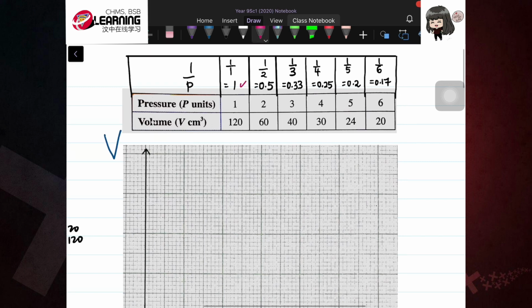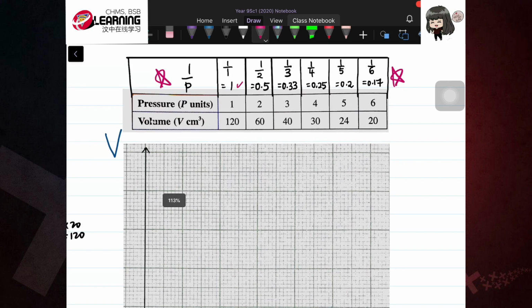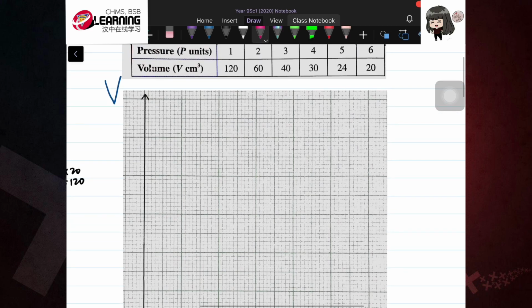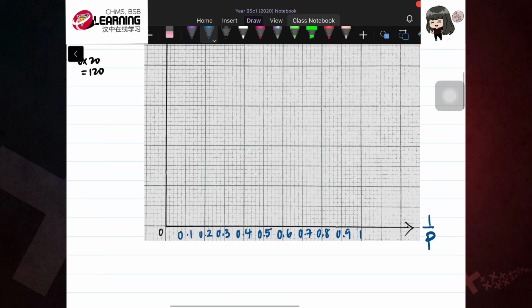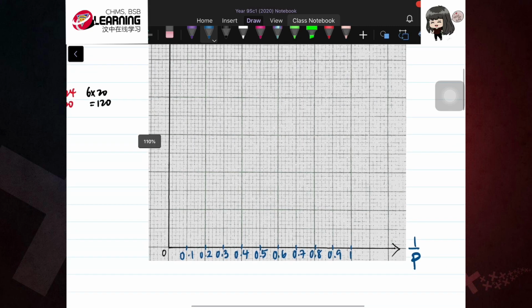Don't look at the P here; look at 1 over P, the one on top. Since the largest is 1, we can plot 0.1 for each centimeter: 0.1, 0.2, 0.3, 0.4, 0.5, 0.6, 0.7, 0.8, 0.9, and 1.0. So 1 cm represents 0.1 unit.